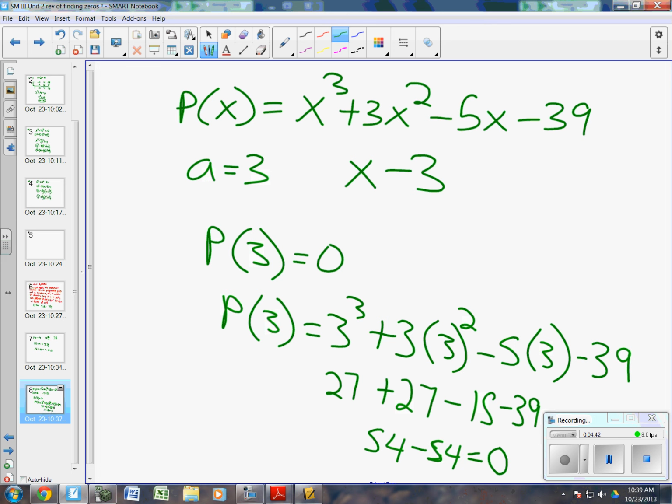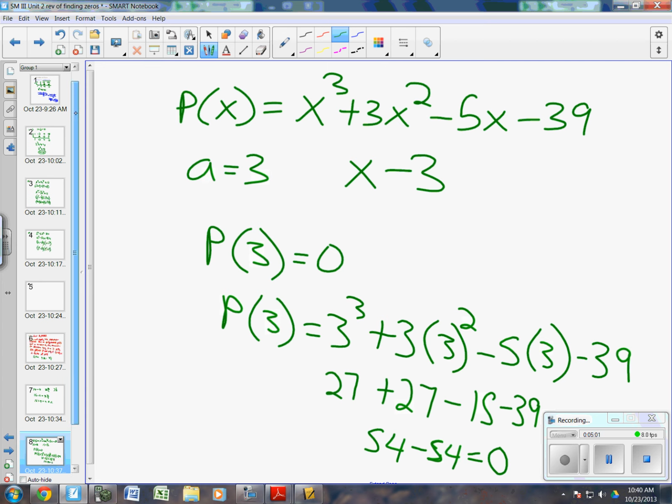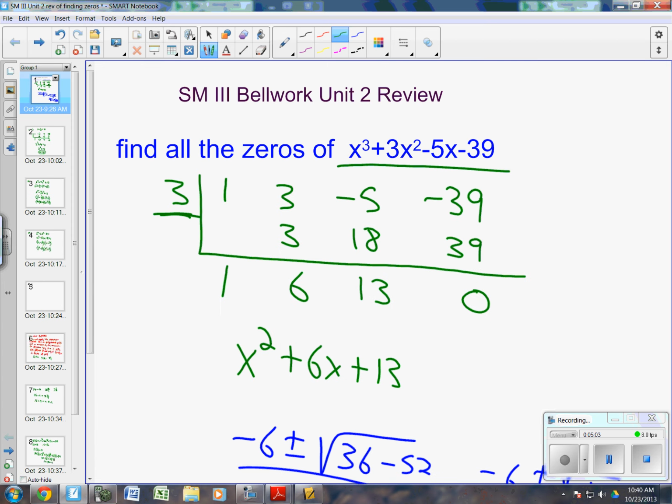This is part of what you need to know about the remainder theorem. If you plug a number in for x and you get 0, then you know that number is a solution to that polynomial. Well, I already knew because we used this problem back here. So I knew that 3 was a solution of it. That's why I used it.